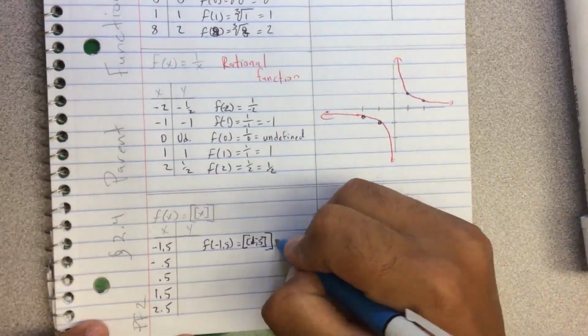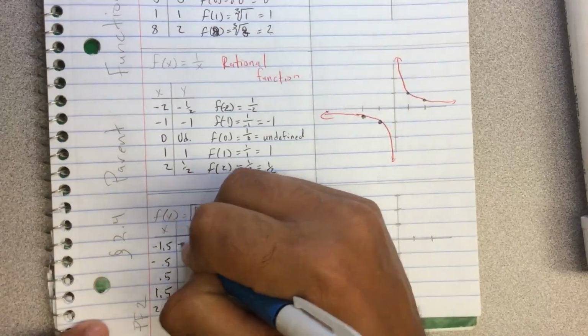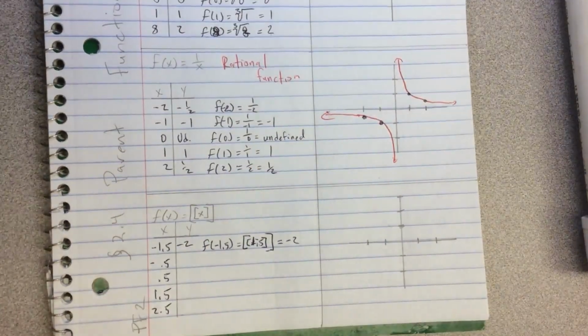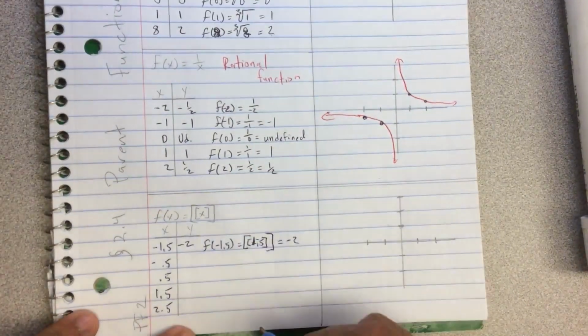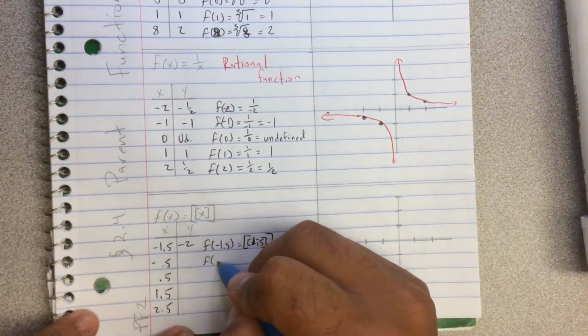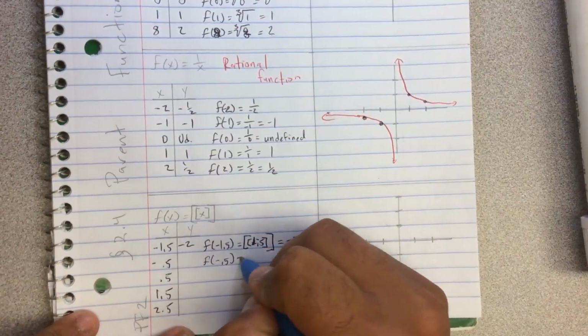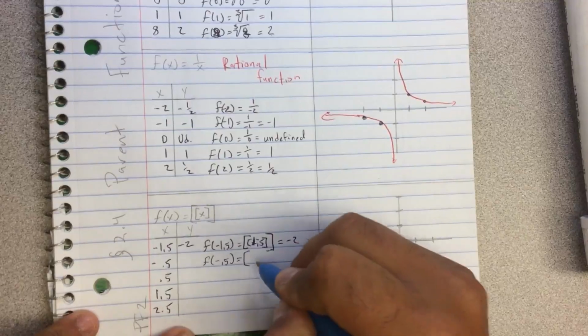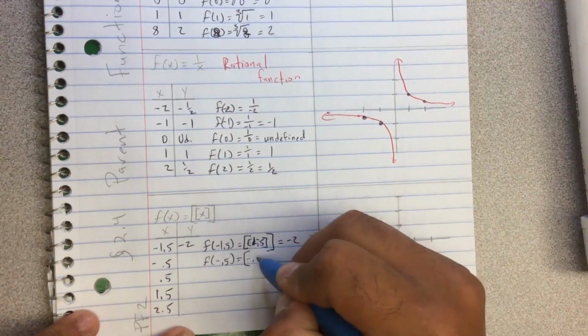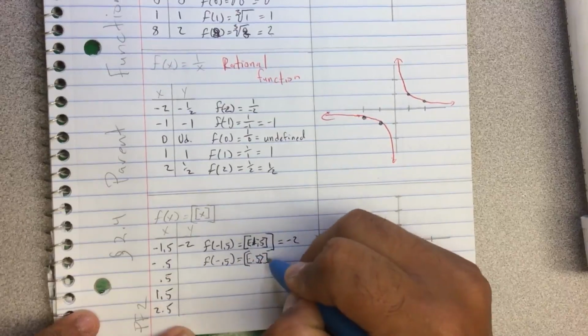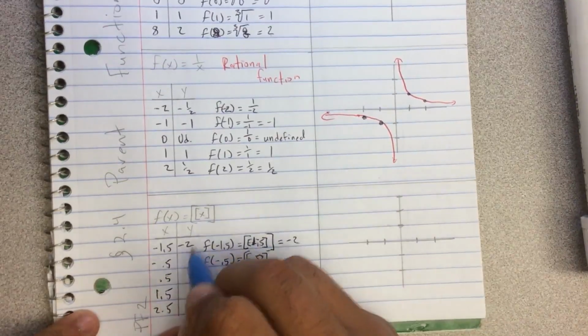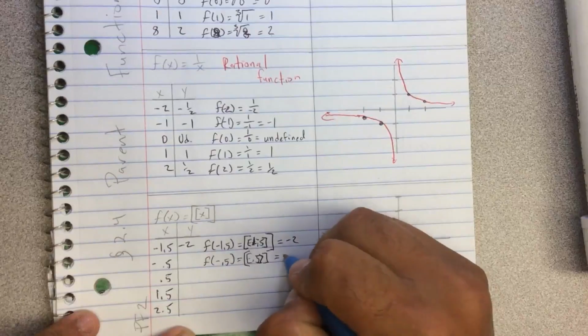And we end up getting that this is -2, because that's the biggest integer that can be. And I'll explain that again. F of -0.5 is equal to -1. I'm drawing these things right here, by the way.